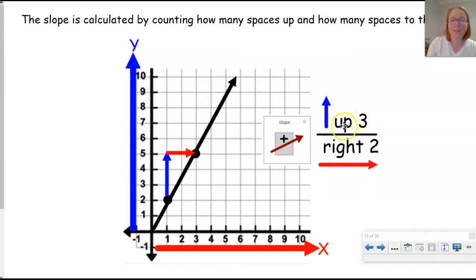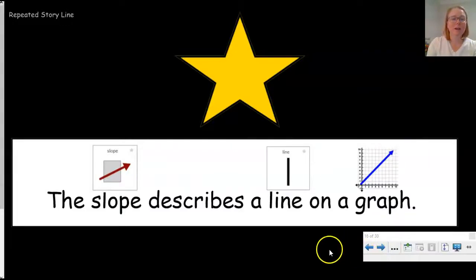So I'd write that on the top, up 3. Now I need to count how many spaces to the right. 1, 2. So my slope is 3 over 2. That's it. Just counting spaces. The slope describes a line on a graph.